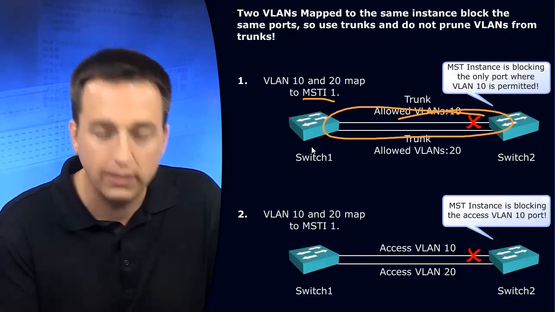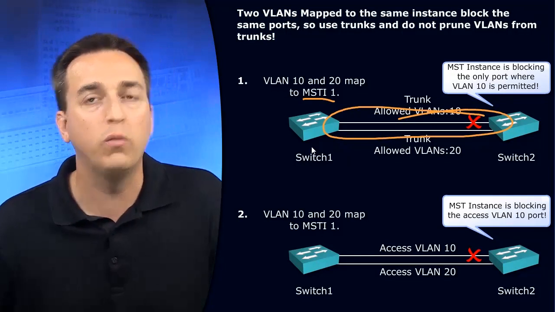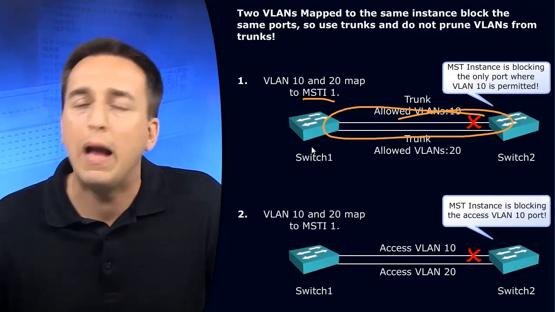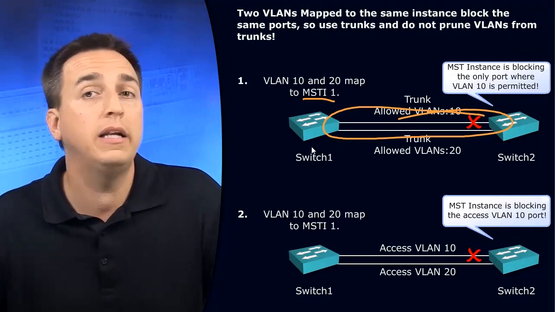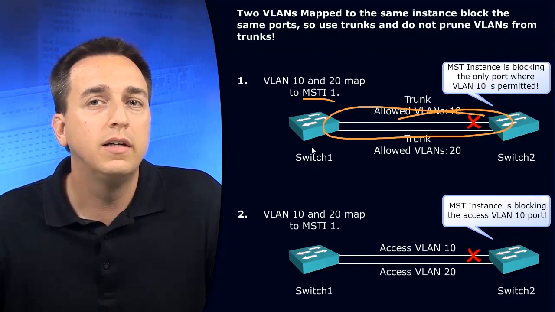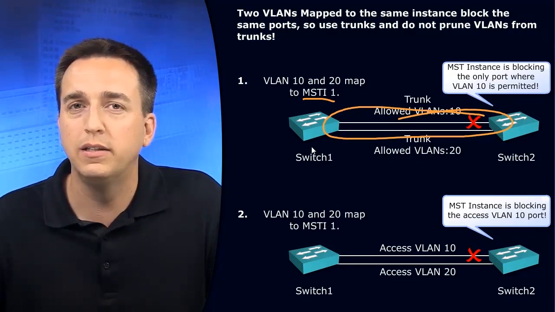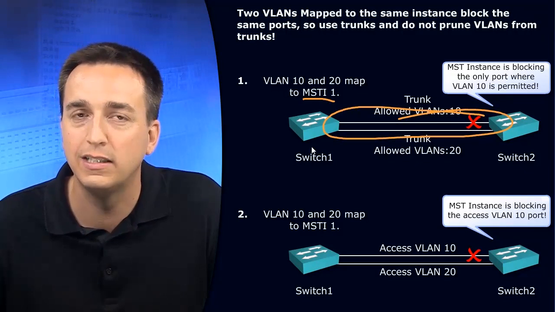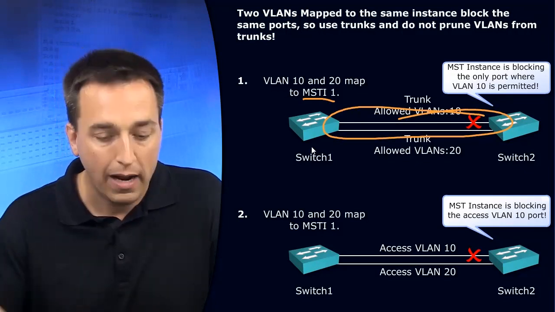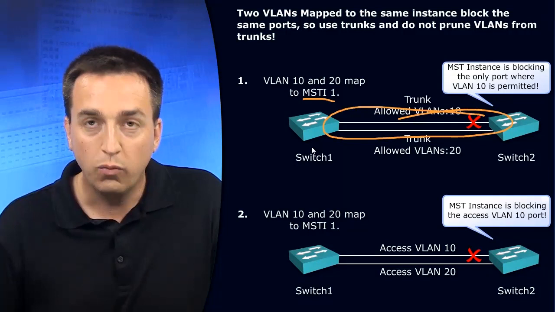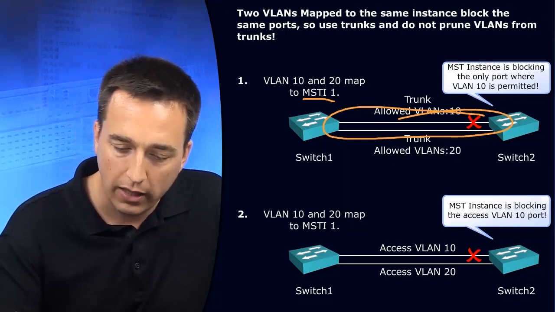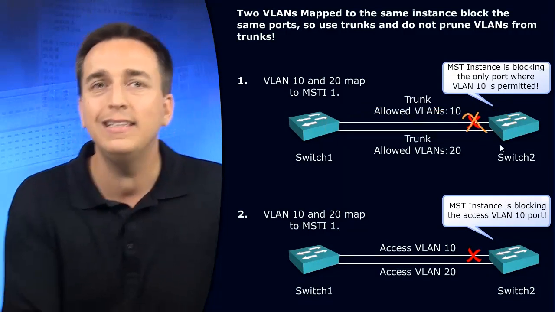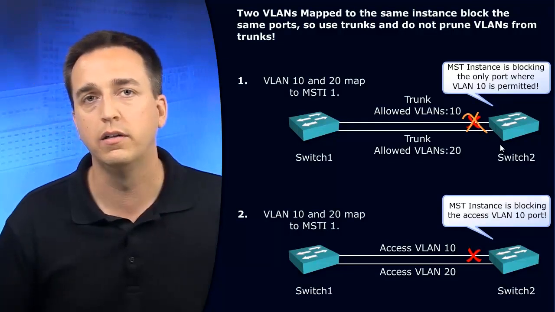And in this case, this is a loop for MST instance 1, whereas with rapid spanning tree protocol or per VLAN spanning tree plus, it was on a VLAN by VLAN basis. The spanning tree instance is not in this case. So it's this entire instance made up of these two VLANs. Well, it's a loop. And so it blocks one of the ports. And it doesn't care that I've pruned the VLANs there.